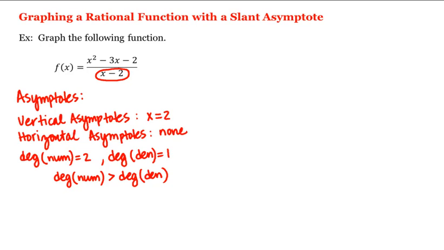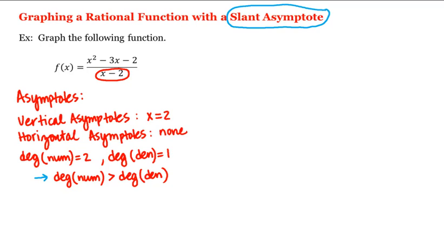Now, are there any other types of asymptotes? There is. This function has what we call a slant asymptote. Looking down here, not only is the degree of the numerator greater than the degree of the denominator, it's exactly 1 bigger.